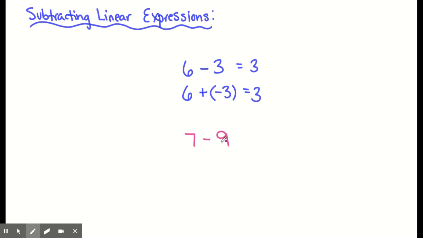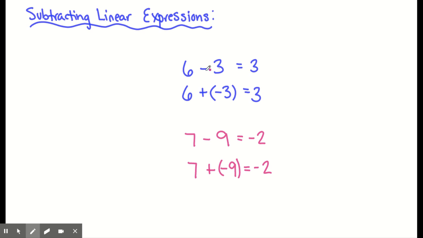Now, the thing about subtraction is we can't change the order and flip anything around. So let's just rewrite the subtraction as addition: 7 plus the opposite of 9, which would be negative 9. And when you do that, you can switch this order around if it helps you to solve the problem. But either way, both of these equations will equal negative 2.